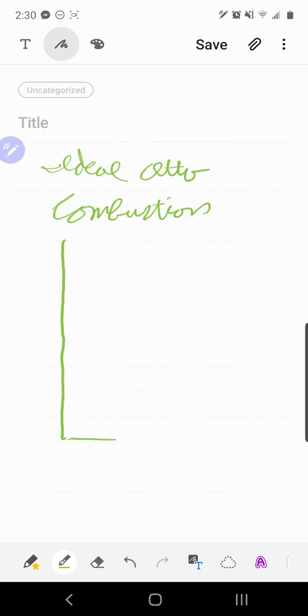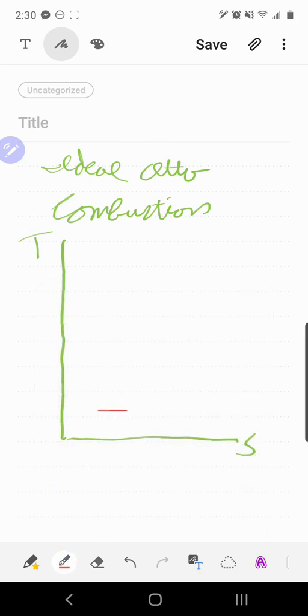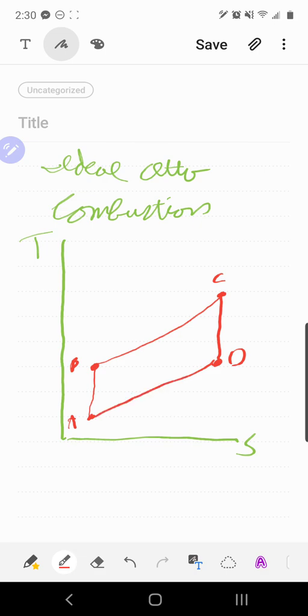Okay, so we have point A here. Point B here. We will go up here to C, down to D, and back over to A. That should be a slightly curved line.